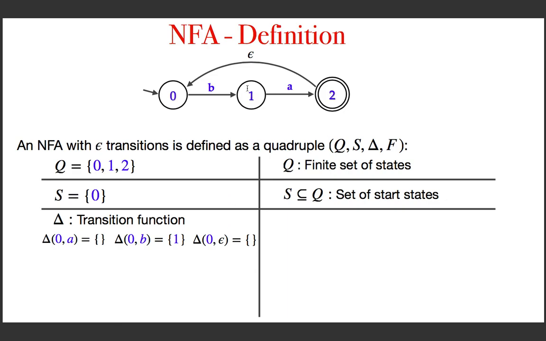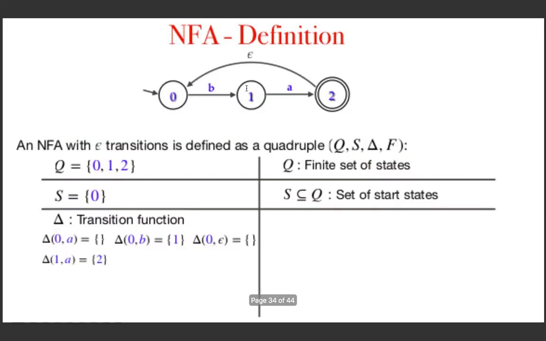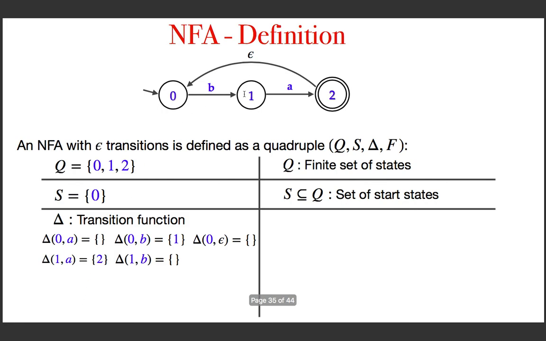Now from state 1, A transition is defined to 2, B transition is undefined, and epsilon transition is again undefined. So you cannot reach any states on epsilon from 1. And from state 2, A transition is not defined, B transition is again not defined, and epsilon transition is defined, taking you back to state 0. From 2 on epsilon you can reach back to 0, that's it.